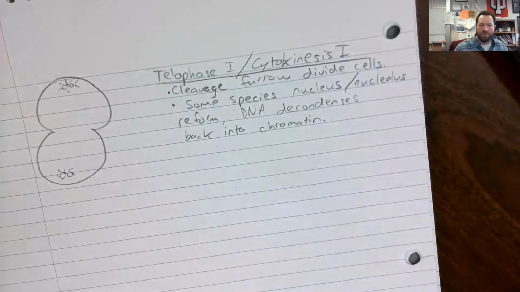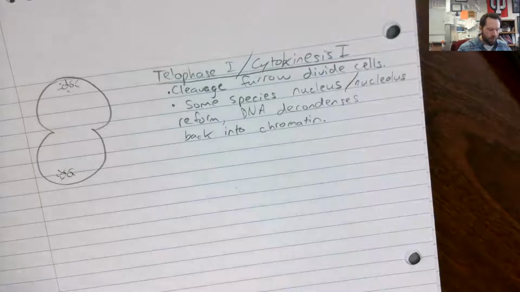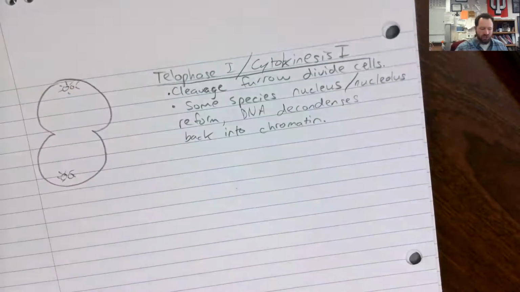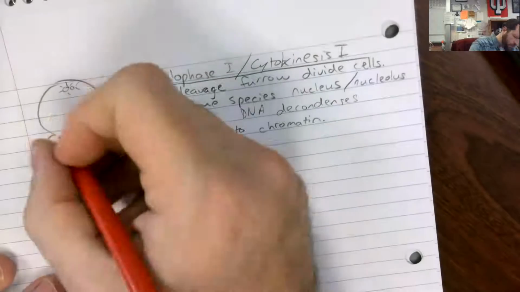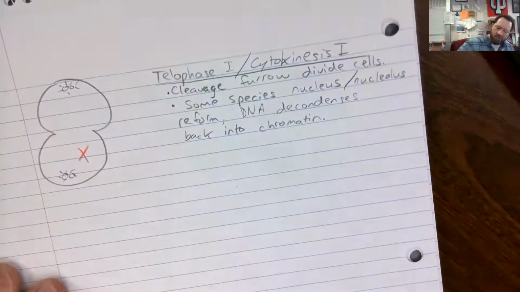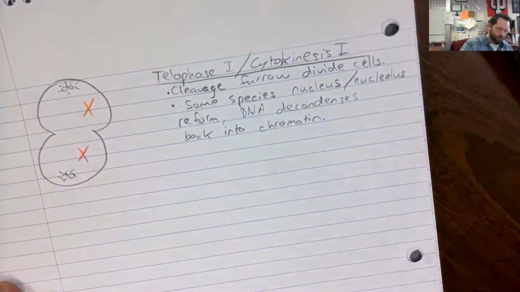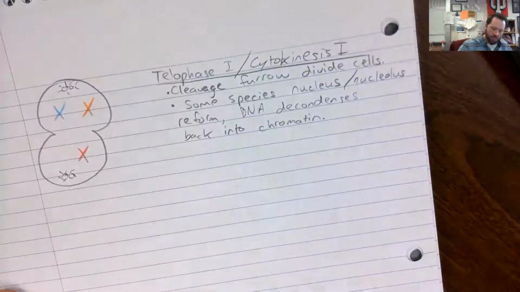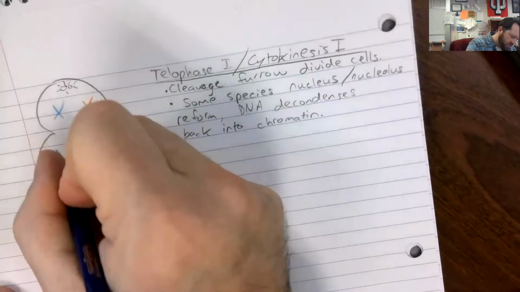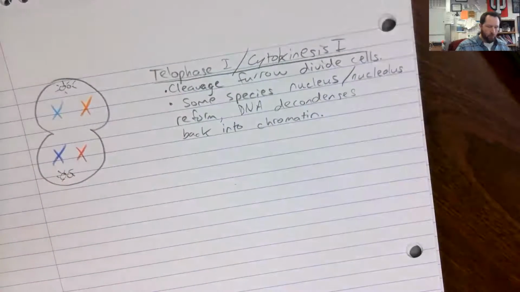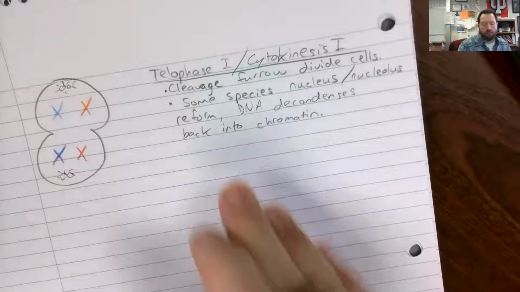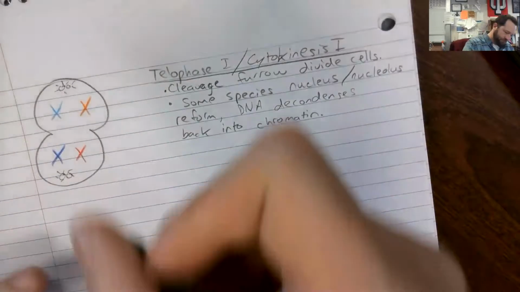So sometimes this happens, sometimes it doesn't happen. We're actually not going to show this in our diagram. We're going to keep our cells nucleus free and keep our chromosomes in chromatid form. But just so you're aware, sometimes it does happen.